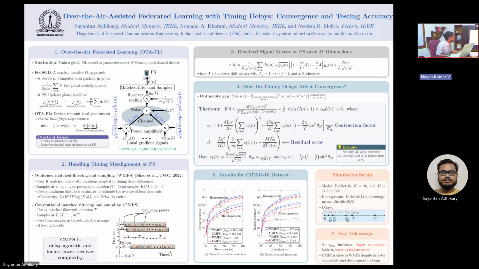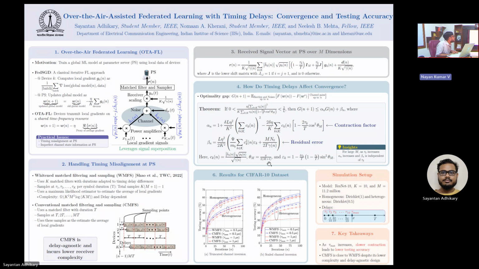For the contraction factor, it's quadratic in eta, where eta is our learning rate, and the contribution of the delays really comes in here. There is also a theta m term. Theta m is nothing but pi by 2 times (m plus 1).